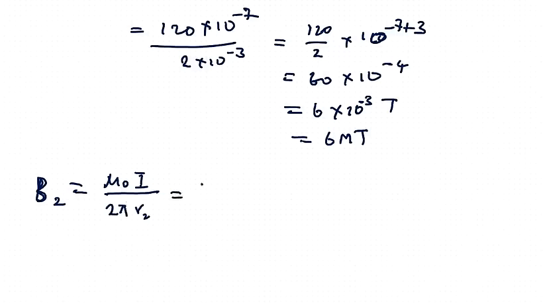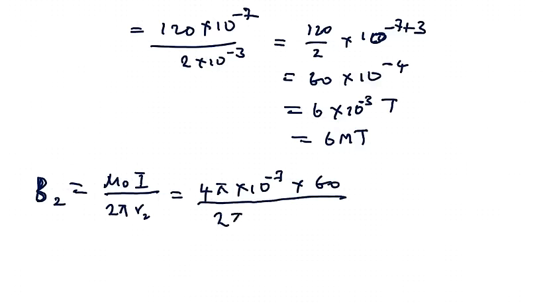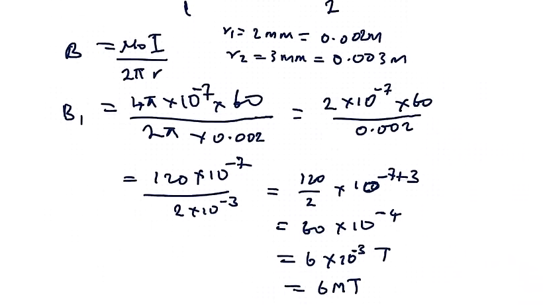This is equal to 4 pi times 10 to the power minus 7 multiplied by 60, which is the current, divided by 2 pi multiplied by R2, which we determined to be 0.003.